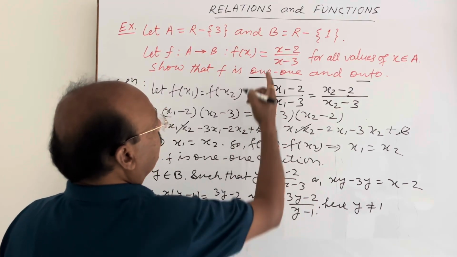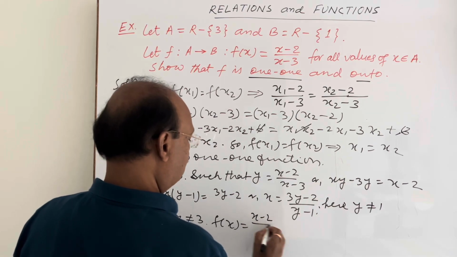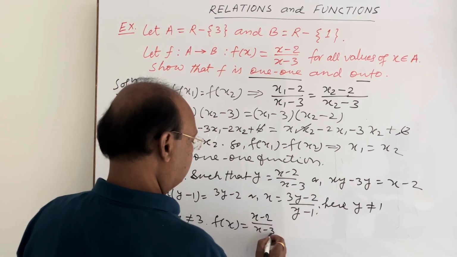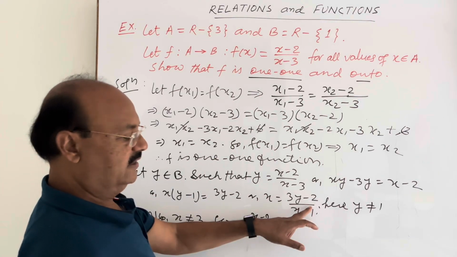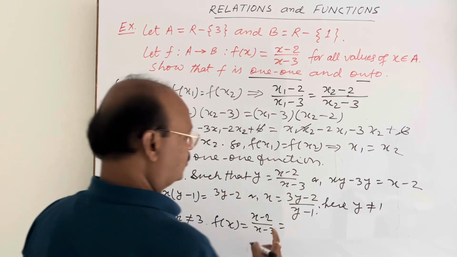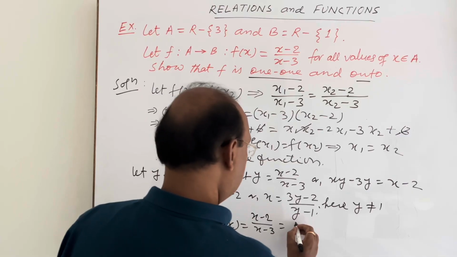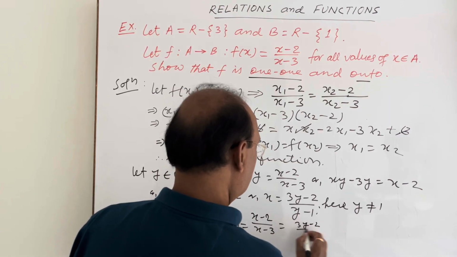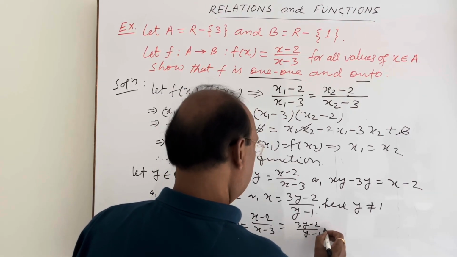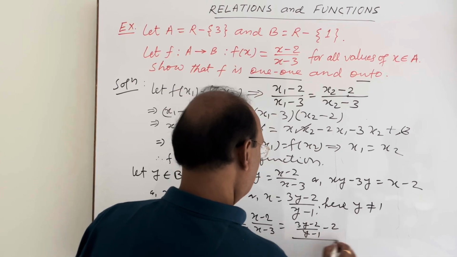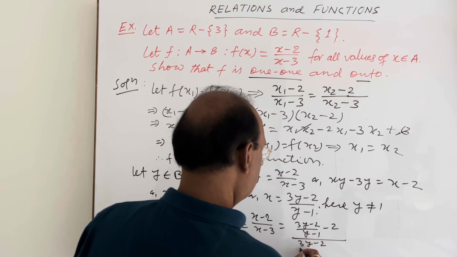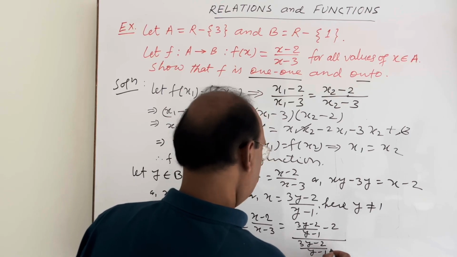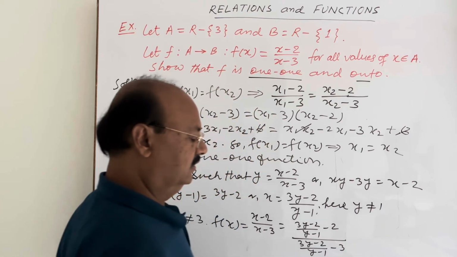Now f(x) is equal to (x minus 2) by (x minus 3). In place of x, we have to write this corresponding value. So x minus 2 means (3y minus 2) upon (y minus 1) minus 2, and x minus 3 is (3y minus 2) by (y minus 1) minus 3.